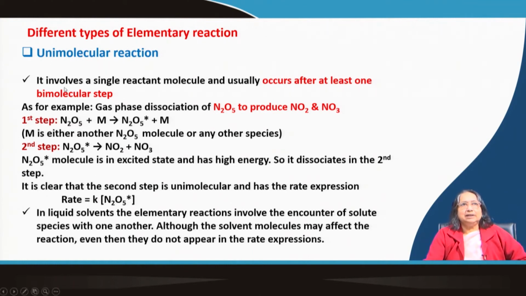Say, for example, N2O5, again nitrogen pentoxide, but here the reaction is different. N2O5 produces NO2 and NO3.